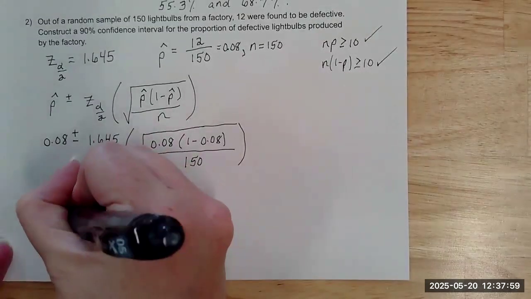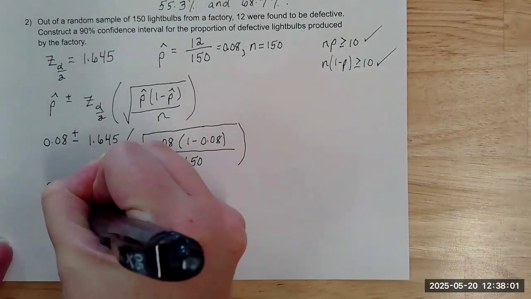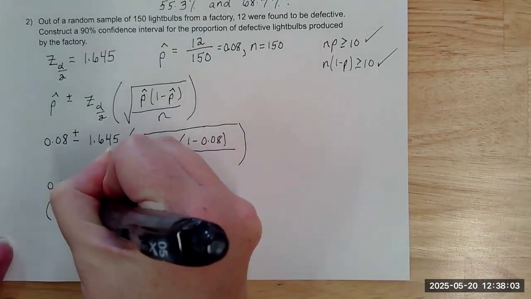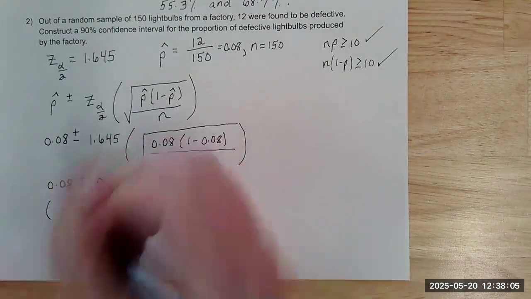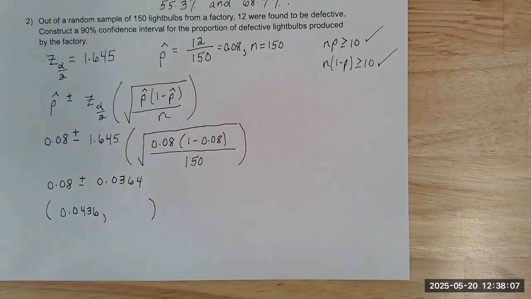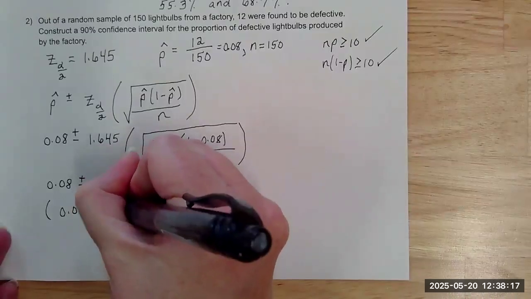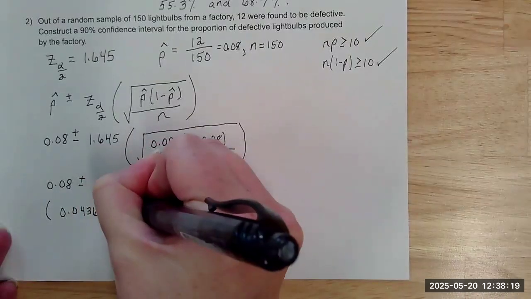So I got 0.0436 if I round it. And then when I add the number, I got 0.116.